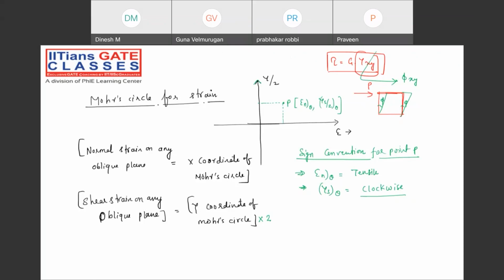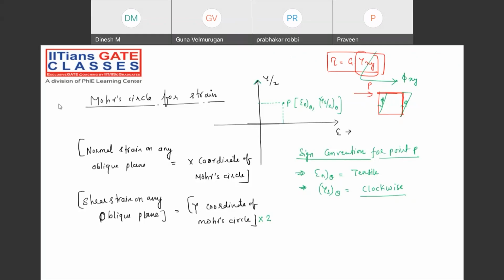Now, sir, what is the formula for normal strain at an angle theta, and what is the shear strain at an angle theta? That also we need to check. That is again very easy. Whatever formula you have seen for normal stress on any oblique plane, the same formula will be there, with a little bit of difference that we are going to discuss.